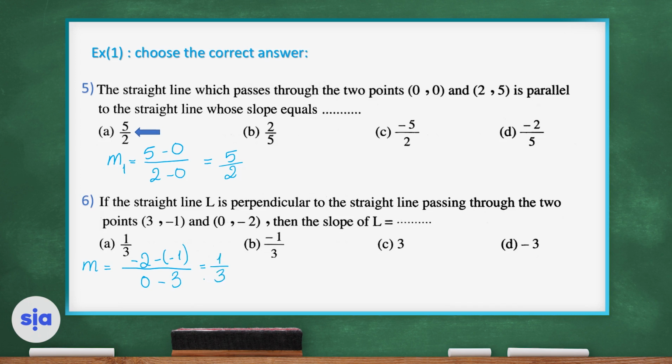Then the slope of line L, remember that the lines are perpendicular to each other, so the slope of line L is the negative reciprocal, so slope of line L is negative 3. So the right choice of question 6 is choice D.